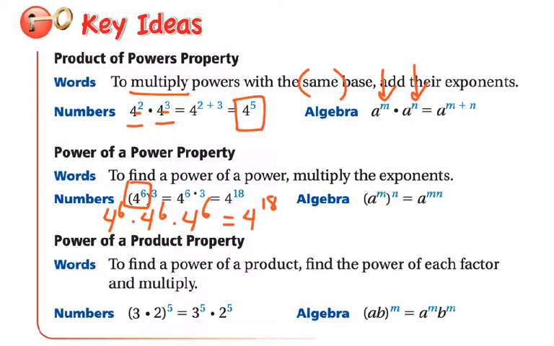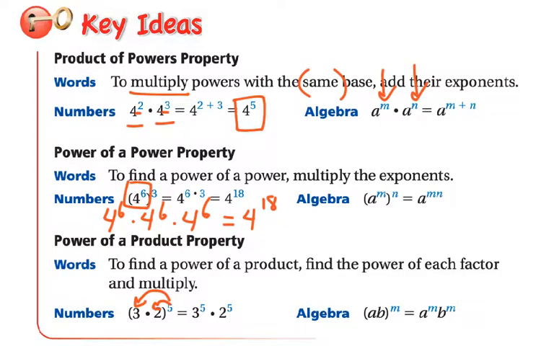The last thing that you'll use today is the power of a product property. It says to find the power of a product, we're going to find the power of each factor. You see here with the numbers, we have 3 times 2, which is acting like the base because it's in parentheses, to the 5th power. But what we get to do is distribute that exponent to each of the factors inside, the 3 and the 2.